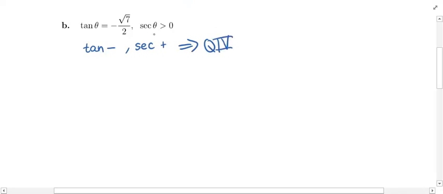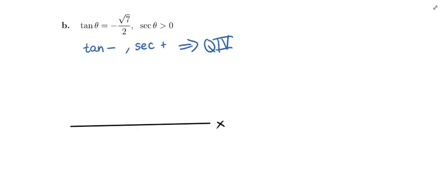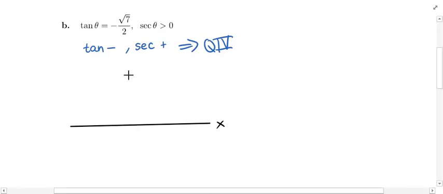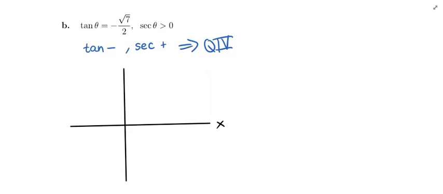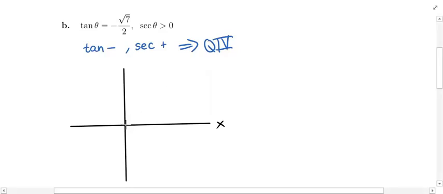Okay, so let's go ahead and draw our x-axis, and then I'll put the y-axis in. So here we go, and I need to draw the angle theta in quadrant 4. Okay, so again, remember how this is going to work. You want the angle to be in standard position. The initial side will coincide with the positive x-axis.